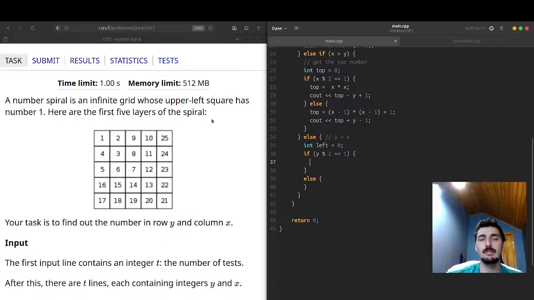So, if it's an odd layer, the left thing is gonna be y plus y times y.